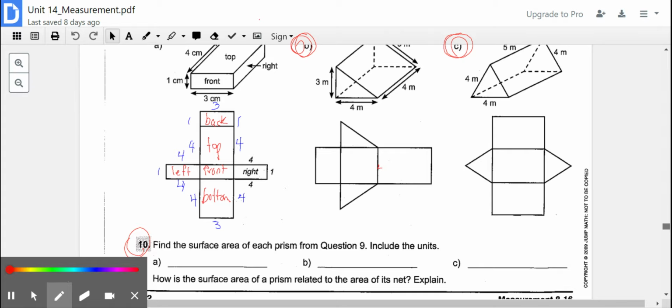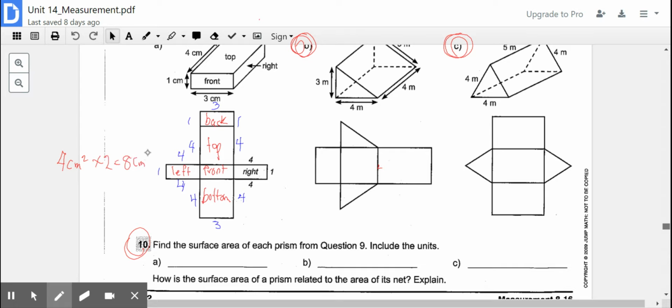So the right is 1 by 4, so it is 4 centimeters squared times 2. That's the left and the right. The bottom and the top are the same, so they are 4 by 3, which is 12 centimeters squared.